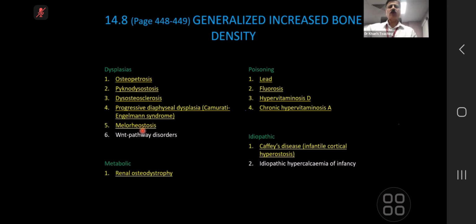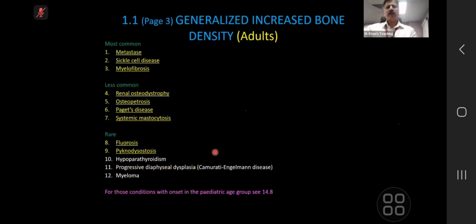And please remember for ST1s, gradually as you go through the whole curriculum, you have to learn what will happen here, and what will happen in poisoning, etc. So finally, 2 years down the road, you might be able to discuss on a particular case what the cause of increased bone density is. Similarly, in adults, generalized increased bone density becomes slightly different.